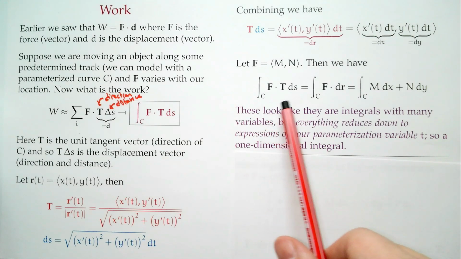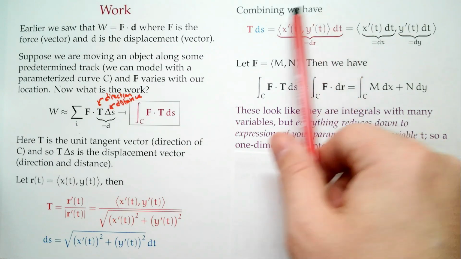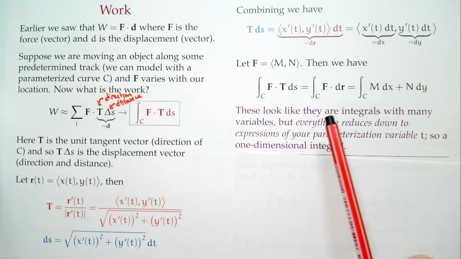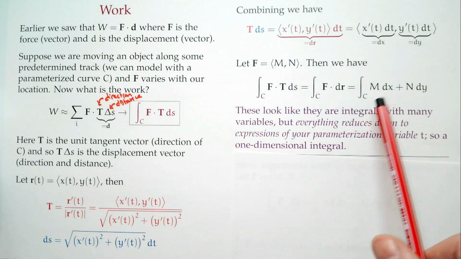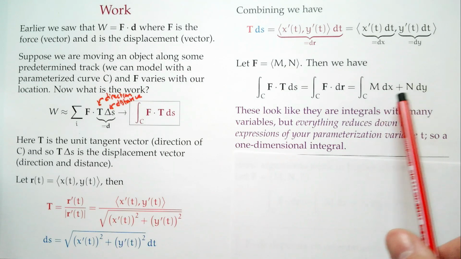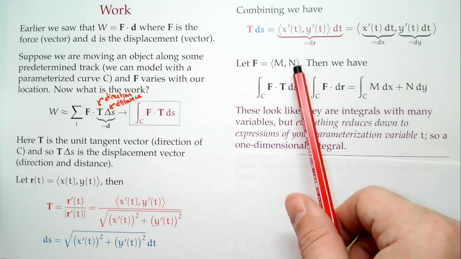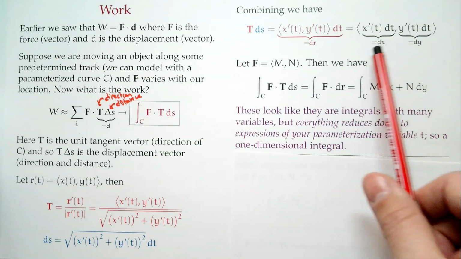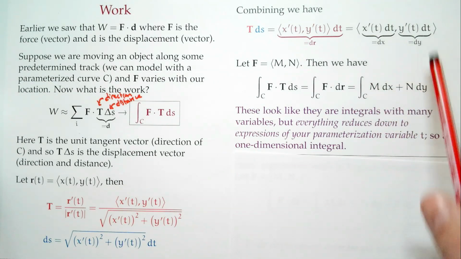That will become the integral along the curve of F dot dr, because this is what we mean when we say dr. But oftentimes you'll see this written as the integral along our curve of M dx plus N dy. And when you see M dx plus N dy, the M and N are the components of your force vector, and your dx and dy are your x prime t dt and your y prime t dt.